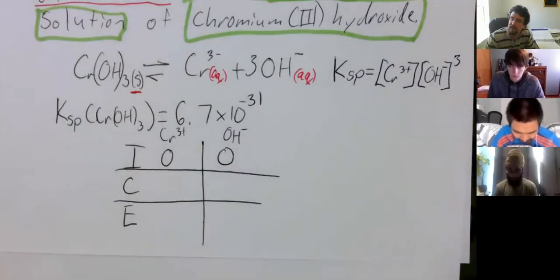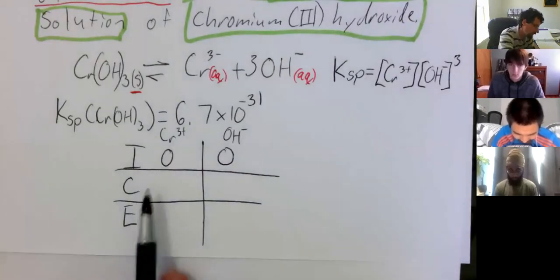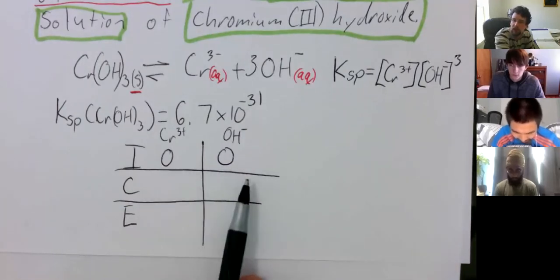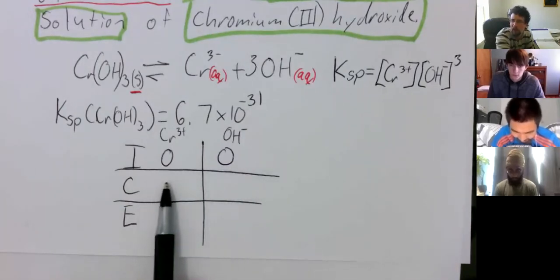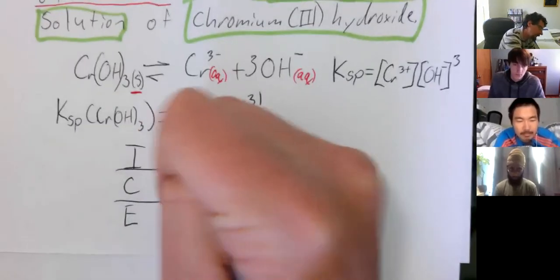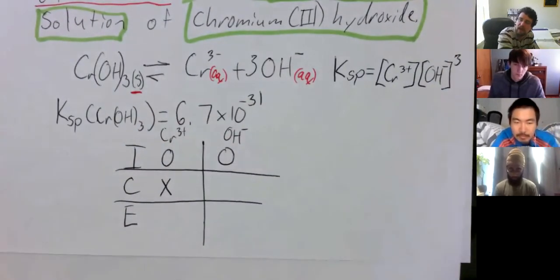Okay, what does the C stand for? Change. We can define these in any way you want, but they have to be in molar ratios to one another. What do you want to call this one? X. Okay, let's go with X. Is it going to be a positive or a negative value?